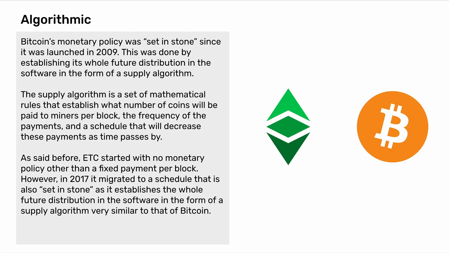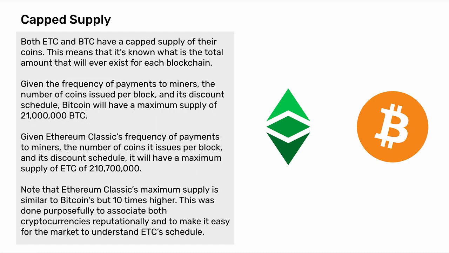As said before, ETC started with no monetary policy other than a fixed payment per block. However, in 2017, it migrated to a schedule that is also set in stone, as it establishes the whole future distribution in the software in the form of a supply algorithm very similar to that of Bitcoin.